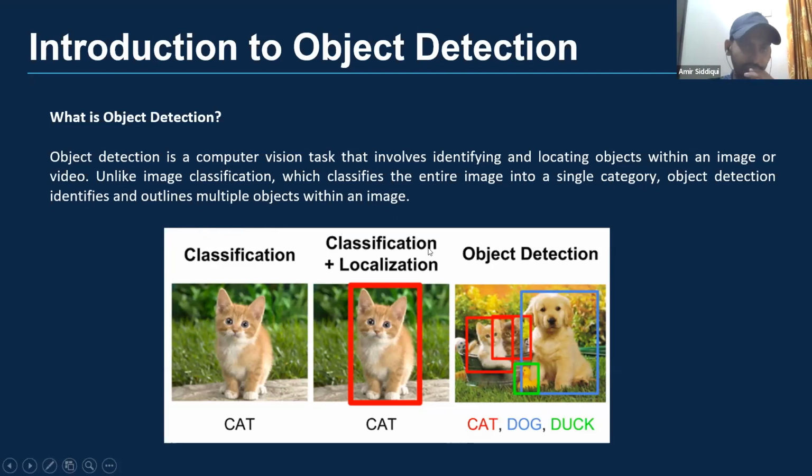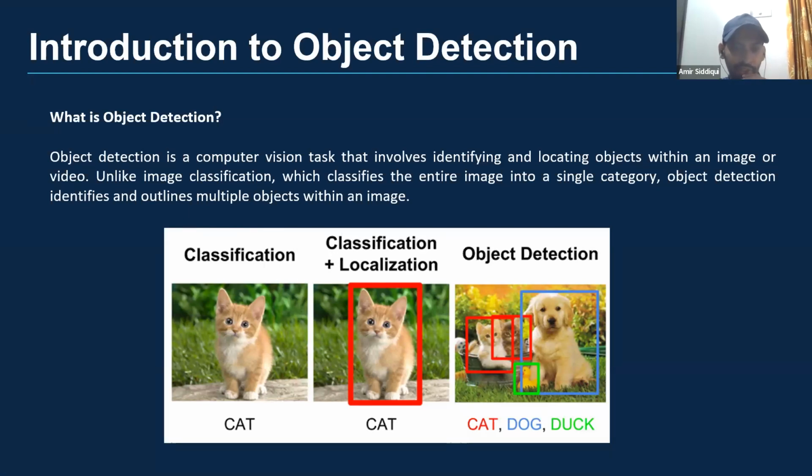As I said, there are different applications of computer vision, and one of them is object detection. If you look at the cat on the left hand side, what we are trying to detect here is whether this animal is a cat or not. So this is a classification problem. We are just identifying whether this animal is a cat or any other animal.